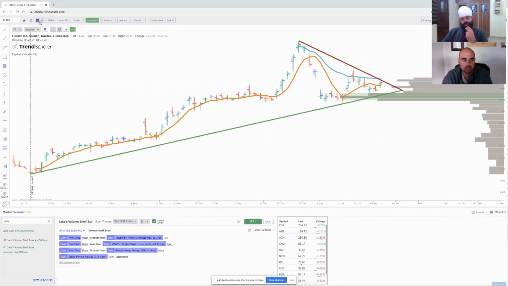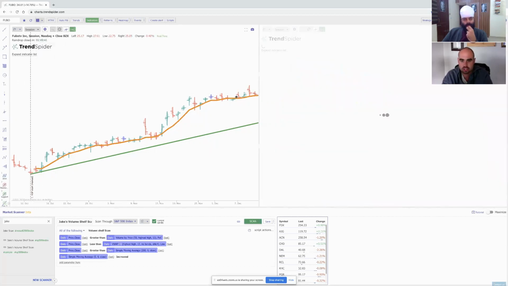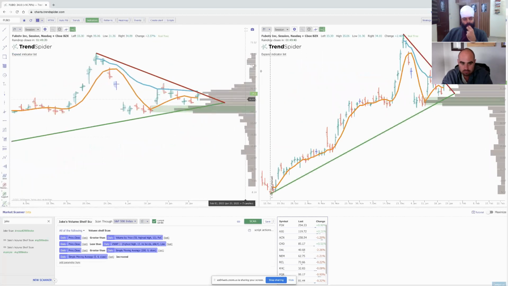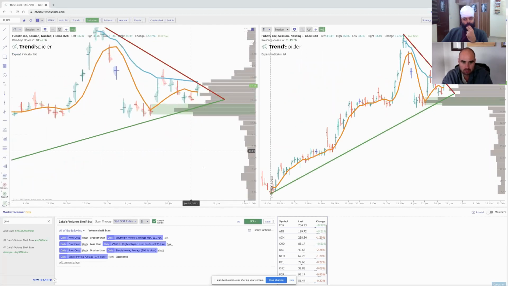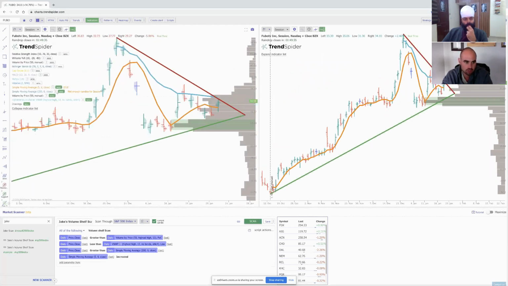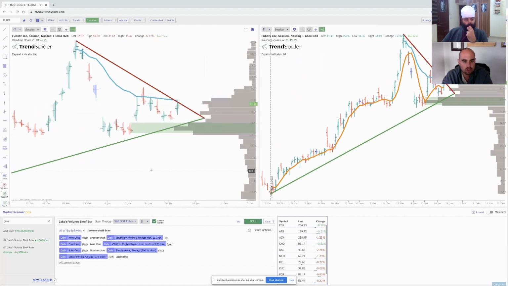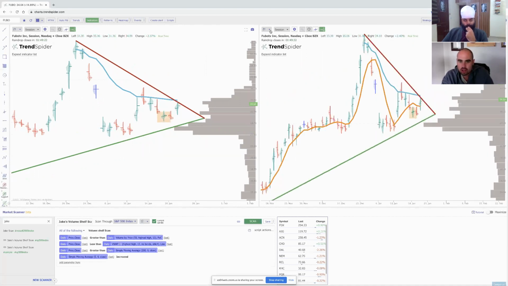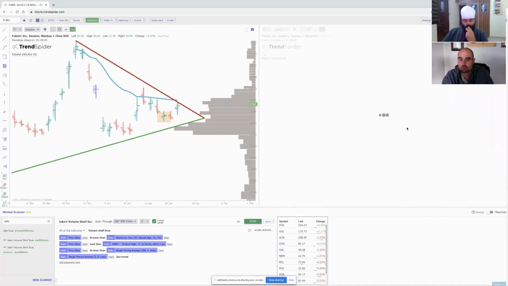One thing I'll mention here, and this is important with the raindrops as well. Let me just turn off the 5 and the 200. It's kind of polluting the chart a little bit. So here you can see, we had this green raindrop, but if we go to the hollow candle, we actually had a red candle.